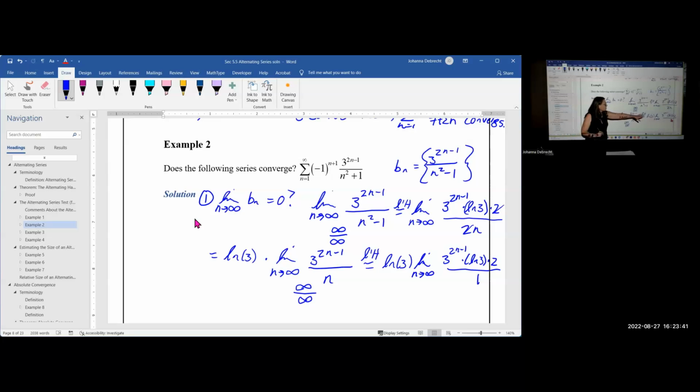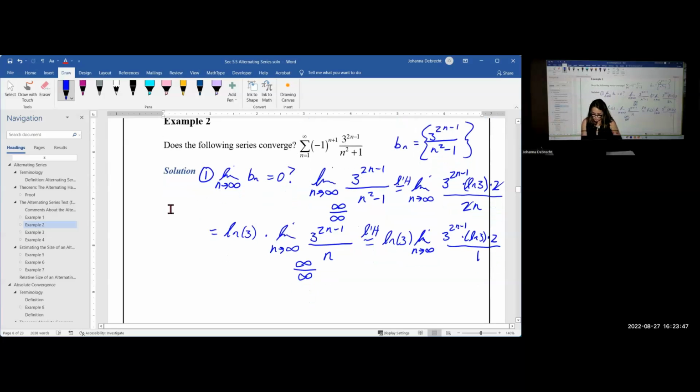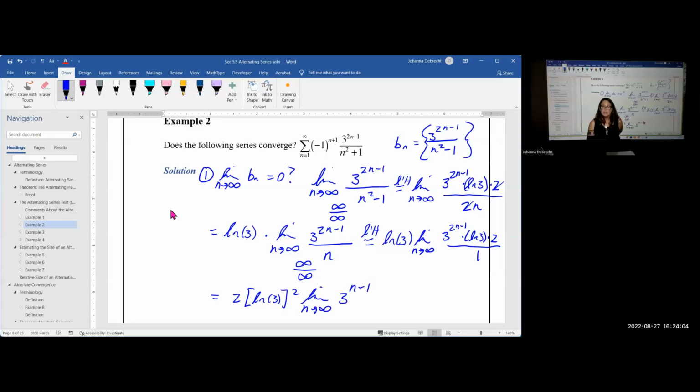Now, the natural log of 3 and the 2 are constants. They'll come to the front. If you want to think of it that way, you can write it out longhand. So you have 2, and then natural log of 3, quantity squared, times the limit as n goes to infinity of 3 to the 2n minus 1.